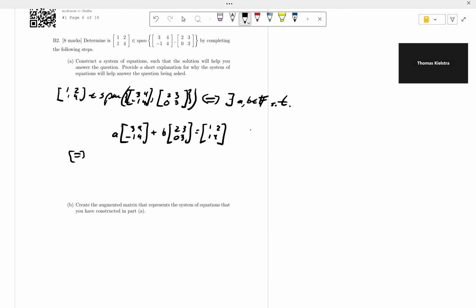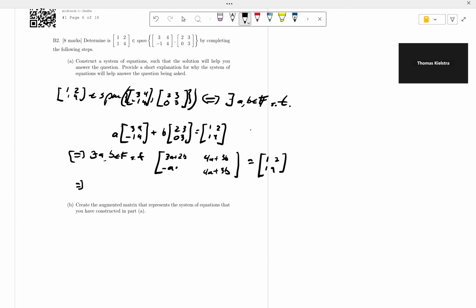If and only if there exist a, b in F such that, now I'm going to look at the left side and consolidate, expand. So 3a plus 2b, 4a plus 3b, minus a and 4a plus 3b equals 1, 2, 1, 4.